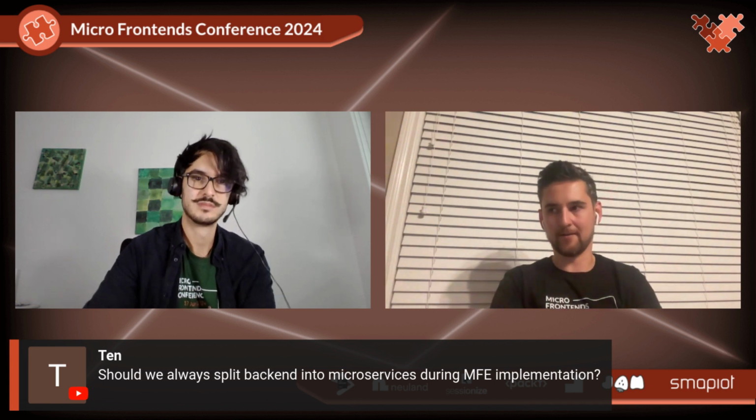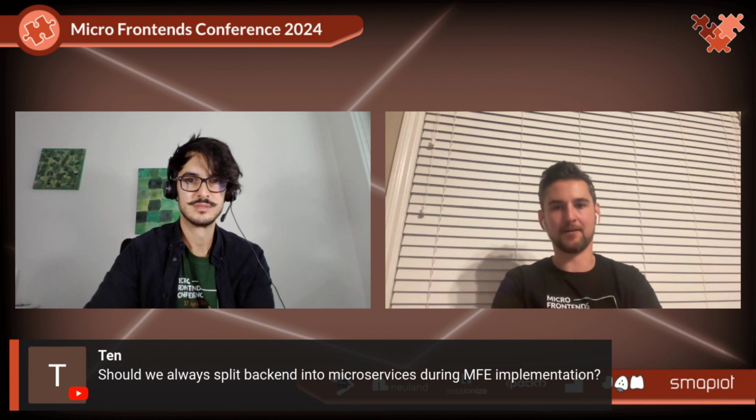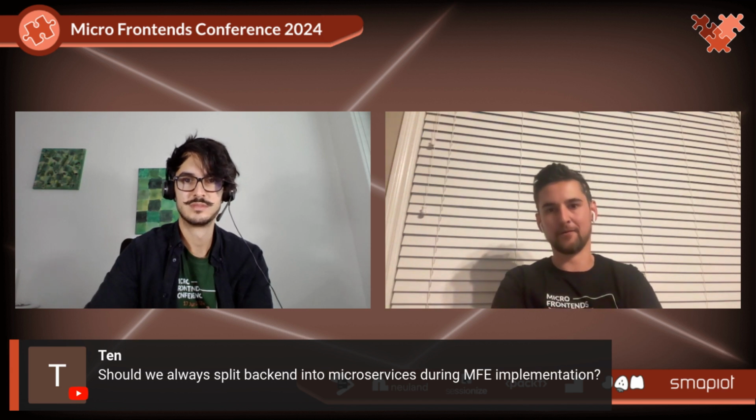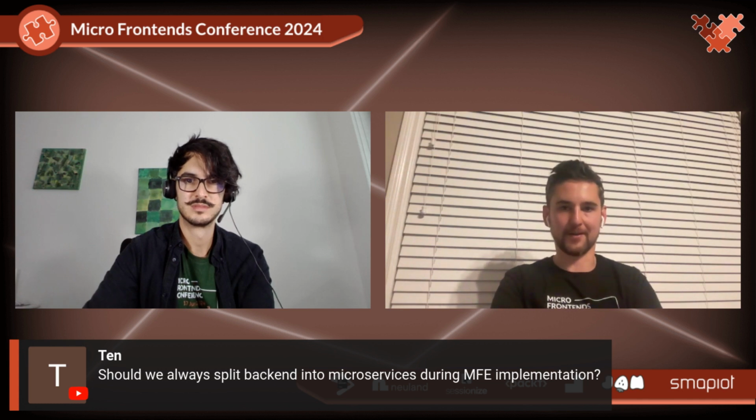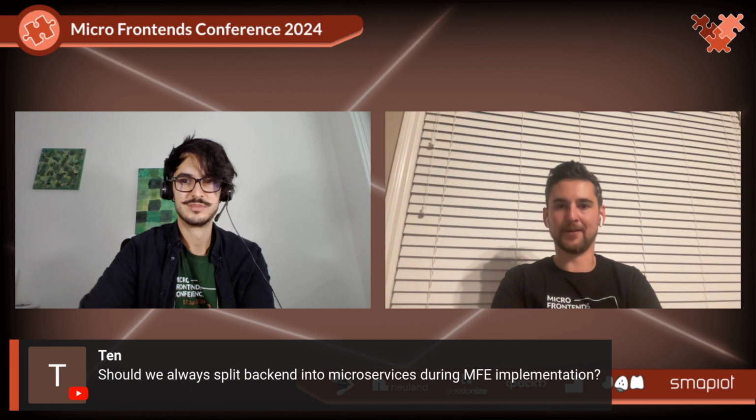So if you don't have teams that are mature and big enough on the backend, but you have it on the front end, it's not a blocker for the migration. But you just need to be careful about drawing the boundaries and identifying the domains and contexts that you need. So if you feel you need a micro frontend, just go with it. It kind of depends on the backend.